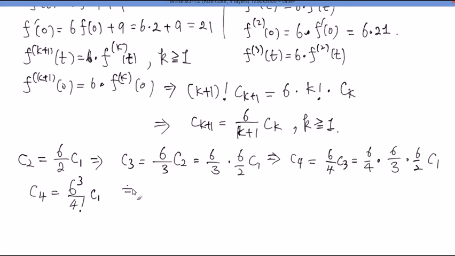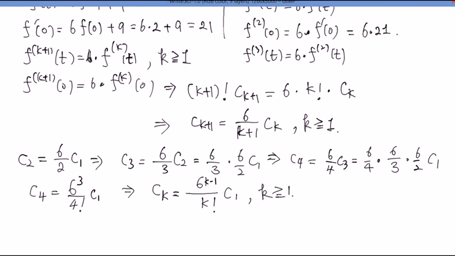So what do you think that in general the formula is? A C of k seems like 6 to the k minus 1, it seems like, right? But there is a k factorial there. And how about the C1? The C1 is always there. It seems like this is the formula. For what kind of k?